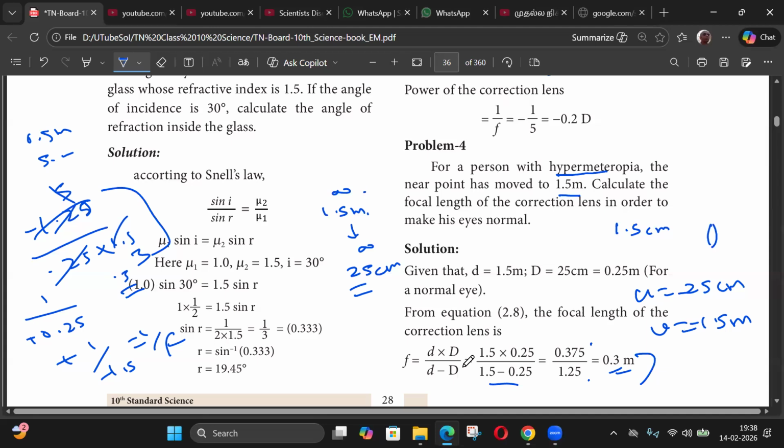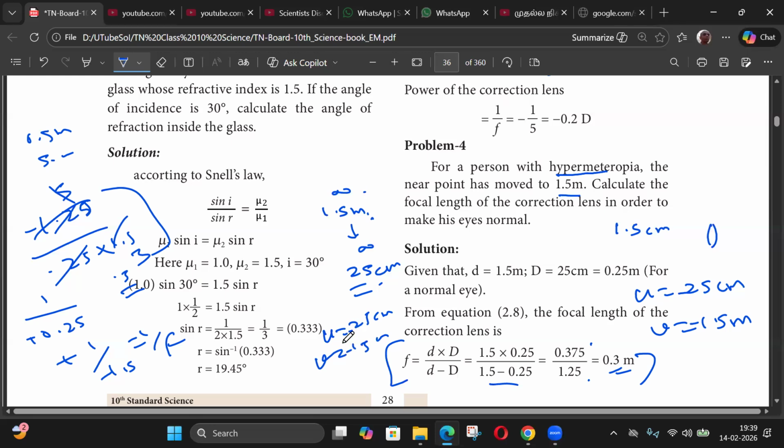Otherwise, you can straight away use the formula, or you can use this logic which I said. Normal is 25 to infinity, but this defective eye is 1.5 to infinity. So whatever is there at 25 centimeter should go to 1.5 meter, which this person can see. So for the specs, U is 25 centimeter and V is 1.5 meter, and both will be minus sign.